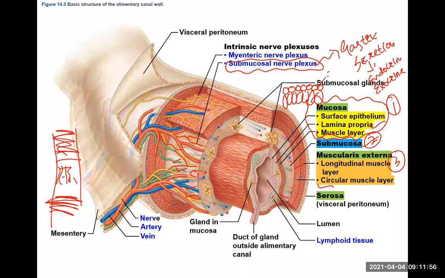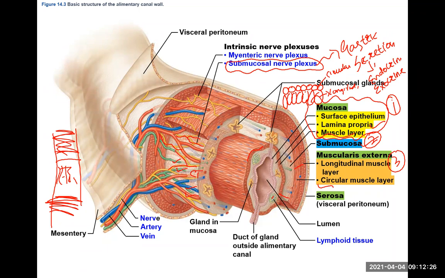So this is the circular layer and the outer longitudinal layer. Alternate contractions of these two layers will produce a movement called peristalsis.